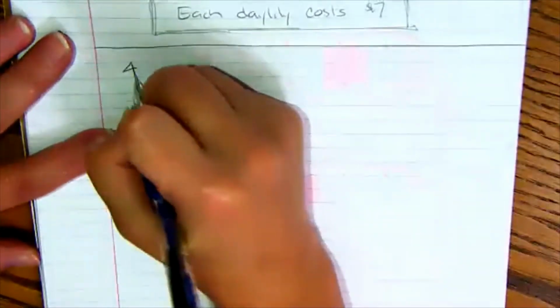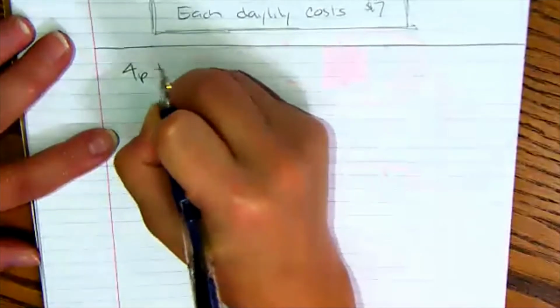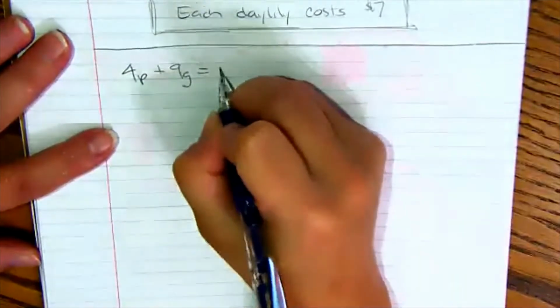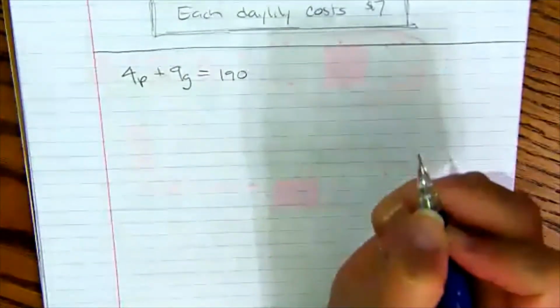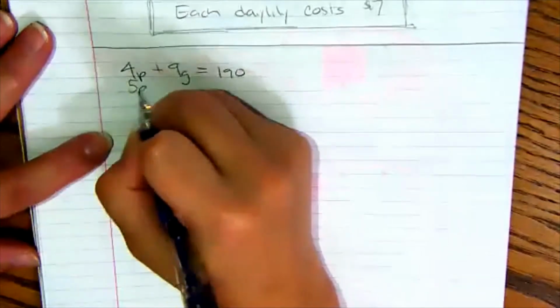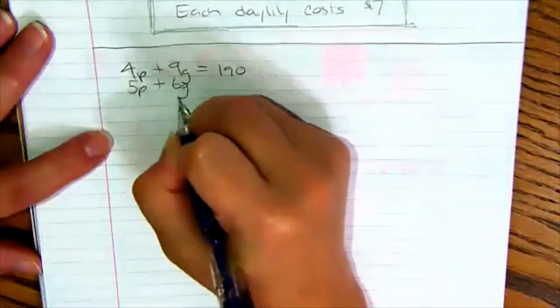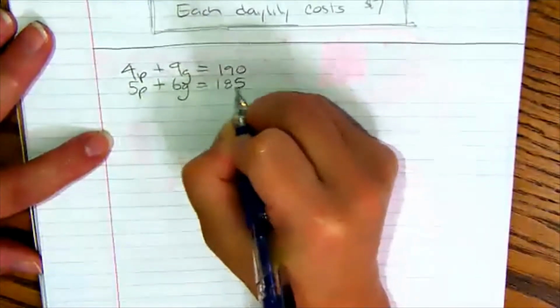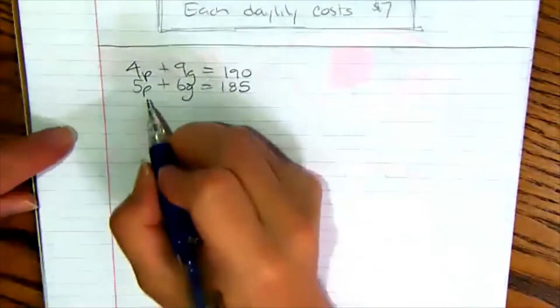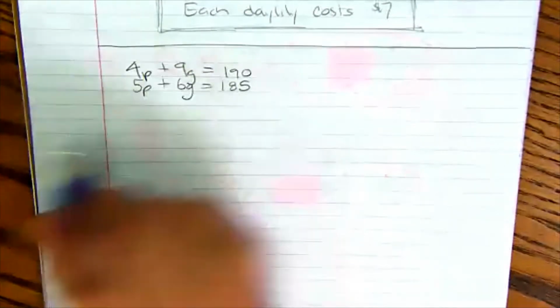Okay, so I bought 4 peonies plus 9 geraniums for $190. Another landscaper bought 5 peonies plus 6 geraniums for $185.